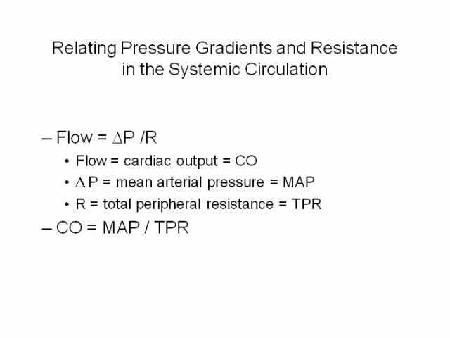So how do we relate these pressure gradients and resistance in the systemic circuit? Well, we said already, flow equals the pressure gradient divided by the resistance. What's the flow? It's the cardiac output. We've already studied this. This is, of course, heart rate times stroke volume. Change in pressure is the mean arterial pressure, or the pressure gradient, I should say, and the resistance is the total peripheral resistance.